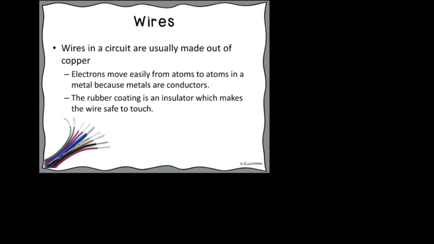But we want to coat these metal wires with rubber or plastic because the rubber or the plastic is an insulator. And if we remember, insulators do not allow the flow of electrons. So that rubber or plastic coating allows us to safely touch the wires without having to feel the electric charge from the electrons moving through the wires inside.